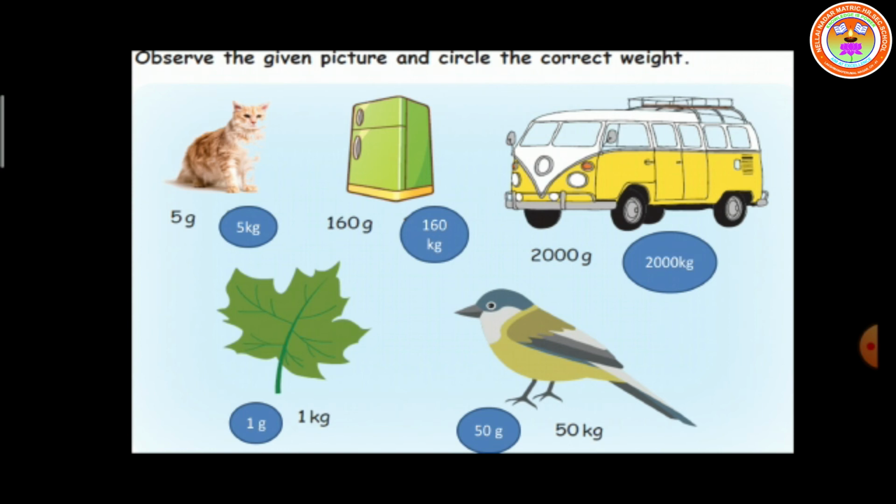See this petal, 1 gram or 1 kilogram, it is 1 gram only. See this sparrow, 50 gram or 50 kg, 50 gram only. In this picture, there are both lighter as well as heavier objects. For your better understanding, I have given these examples. Is it clear, children? Now you have understood the kilogram and gram. Lighter objects are measured only in grams and heavier objects only in kilograms. Is it clear, children? Yes.